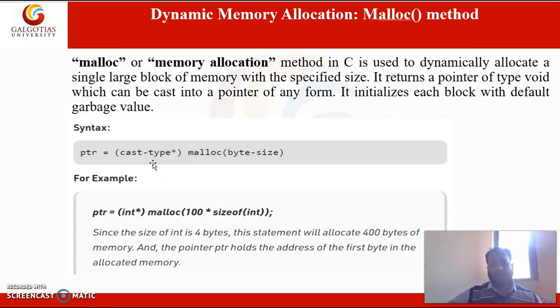And if you want to allocate a memory block for float, then it must be float. The next one is the method name itself, and then the byte size, which can be identified by the sizeof operator.